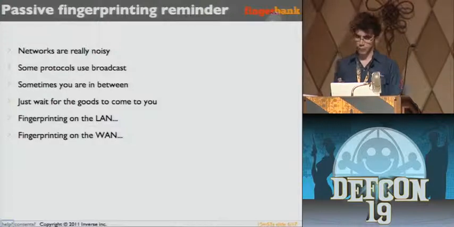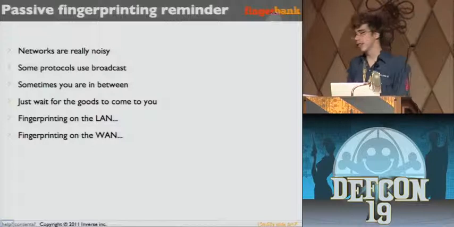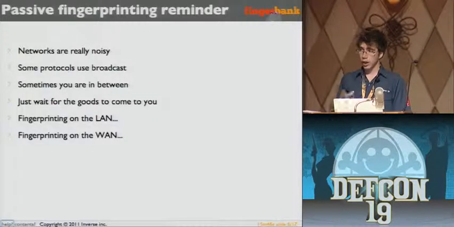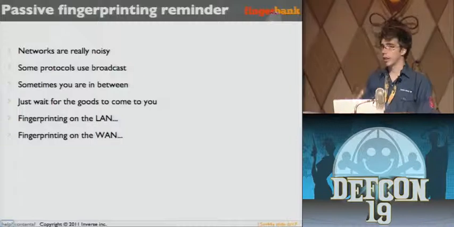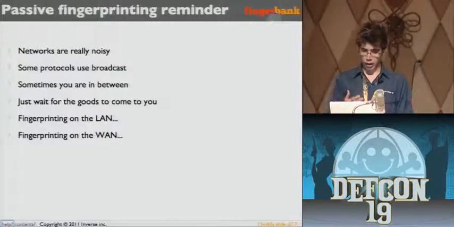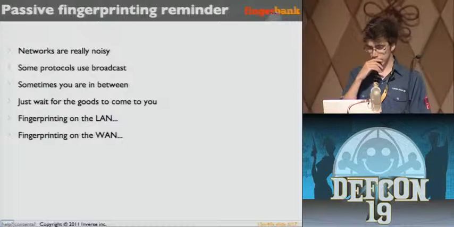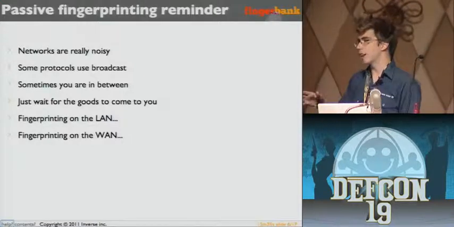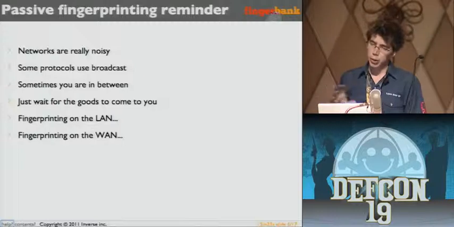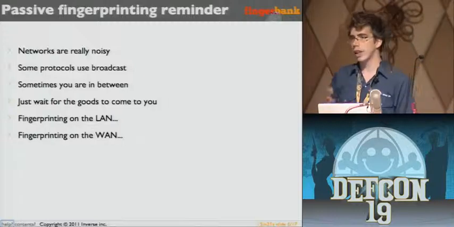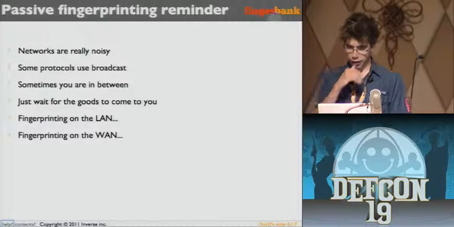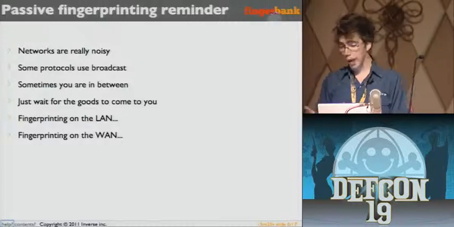I'll talk about that in the next slide. There is also multicast DNS, iTunes, all that stuff is very verbose, noisy, and helps you a lot in identifying the software or hardware that you're using. On the WAN, you could do fingerprinting with a honeypot, and you'll see kind of the internet noise. So it's possible to do that on the WAN also, passively, of course.